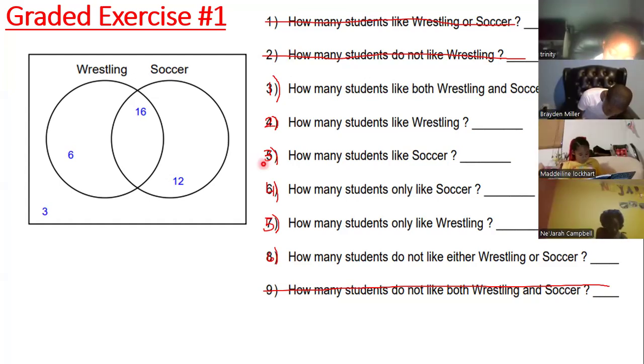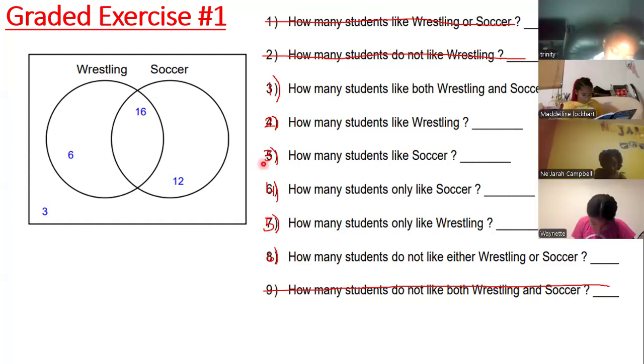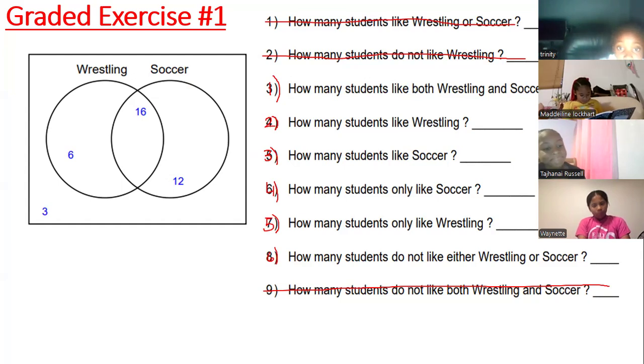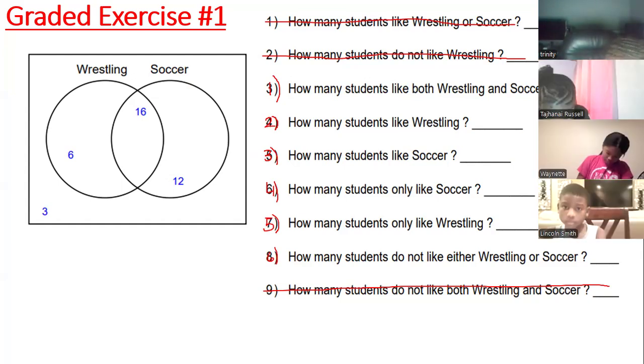Lorenda, is Lorenda here? Yes, sir. What number are you on? Number 3. Tajani, what number are you on? 4. And Herman, what number are you on? Number 4, okay.